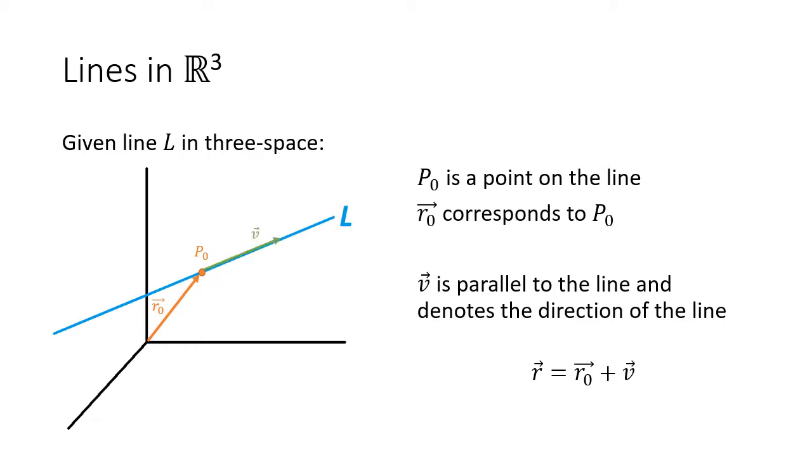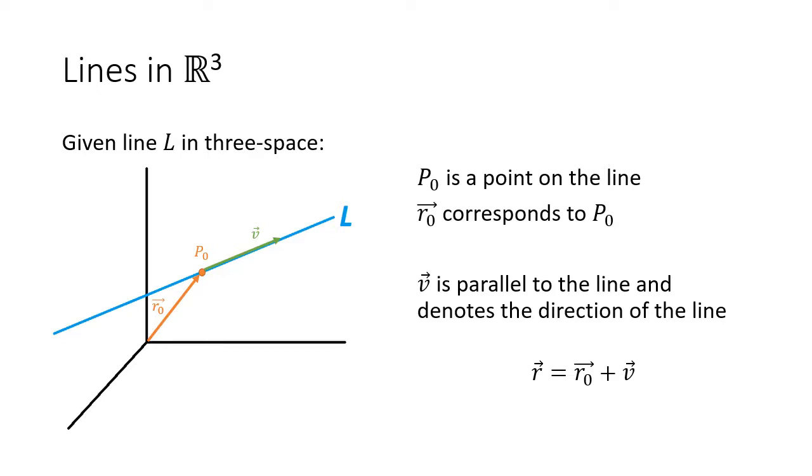But for right now, the main idea is that instead of slope, we're going to use a vector to denote the direction of the line. And so the vector v is going to be parallel to the line, which means it's going to basically lie on the line. If I put the tail at p sub 0, then all of my vector v is going to lie on my line.